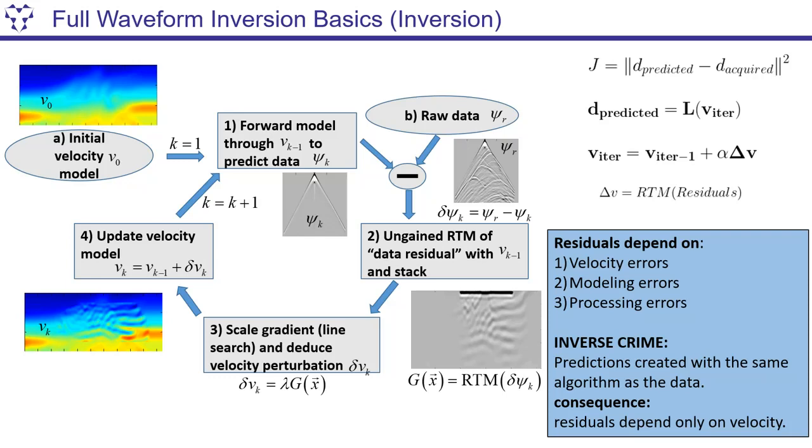That is, in particular, very important when we use the same engine to predict the data that we are going to use as our original pseudo real data and the predictions on each iteration. That's what we call the inverse crime. So in this presentation, I will try to do special things to eliminate that problem.